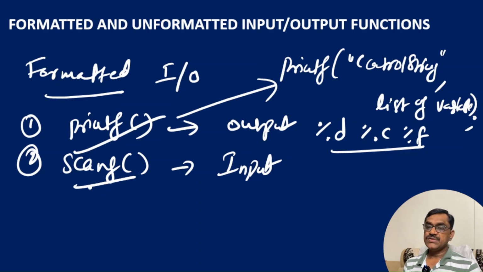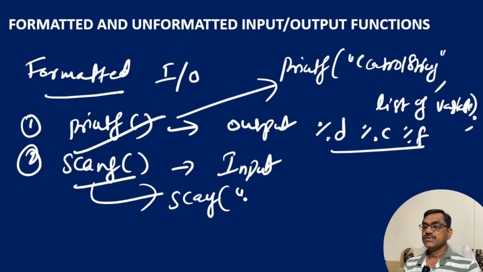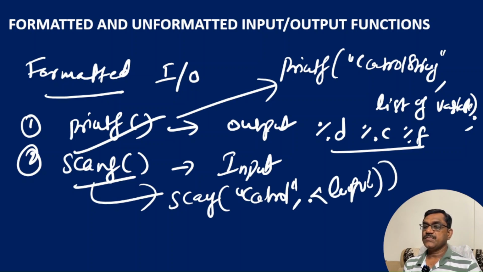That's why we say printf is the formatted output statement and scanf is the formatted input statement. The syntax of scanf is the same: scanf, control string, which means formatted string, comma, list of variables. In this case, the list of variables consists of the address operator.